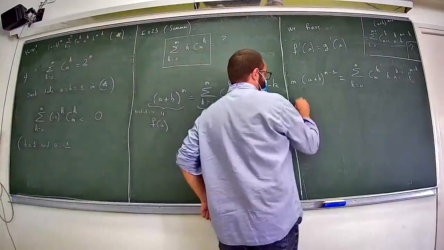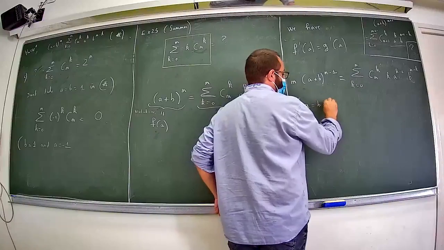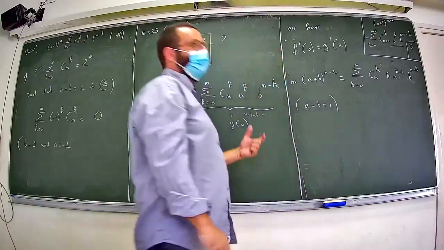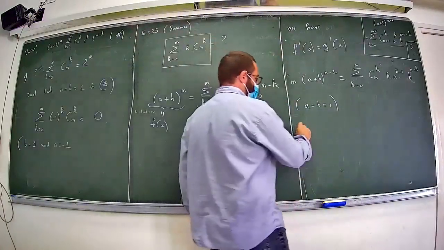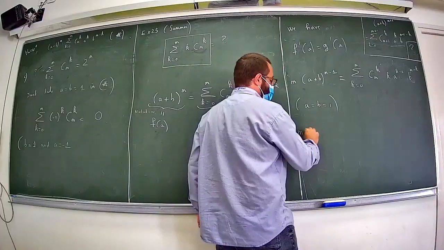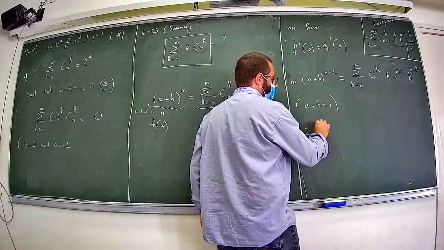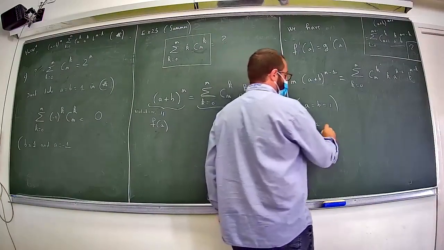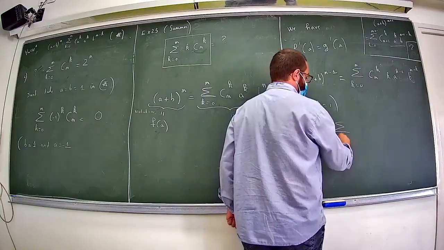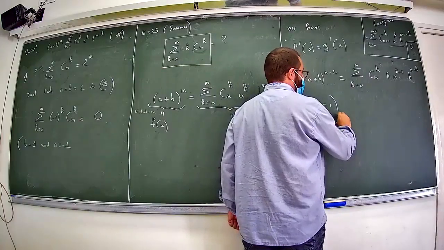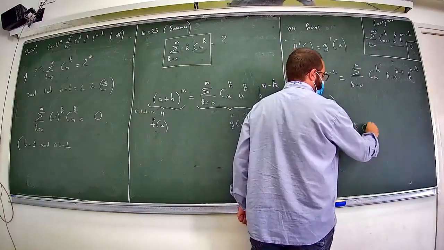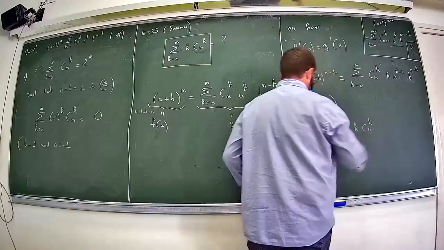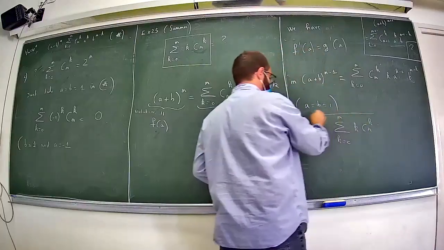Once again, taking a equal to b equal to 1, I plug inside and I obtain n times 2 to the power n minus 1 equal to the sum from k equal to 0 to n of k C(n,k). You have exactly what you want.